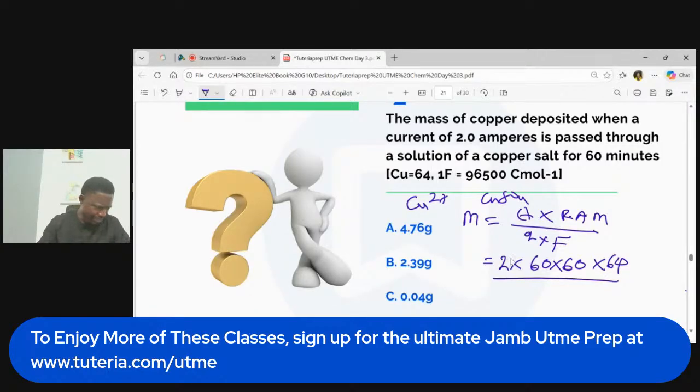All right, Esther has dropped the answer. He said D. Let's find out whether it's actually D, or maybe you mean the first question. So the charge on copper is 2, times Faraday is 96,500. Let's multiply that and see whether we'll get the answer. Quantity is IT, time in seconds, times 64, over 2 times 96,500.